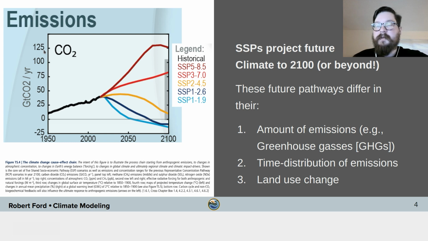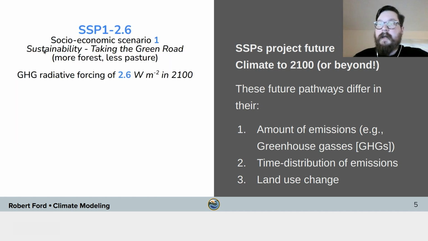Shown here in this figure are CO2 emissions over time for the 5 SSPs, ranging from the high emission scenario SSP5 to the low emission scenario SSP1. But for now, let's just look at the two that will be used in this tutorial. First, SSP1 2.6.